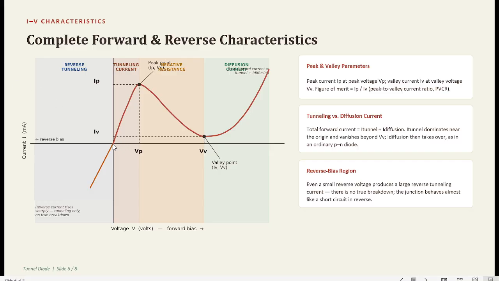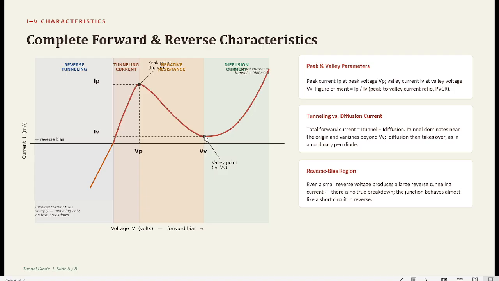Now from this 0 to VV value, diffusion current is very small, but the current is mostly because of the quantum mechanical tunneling. But after this value, the forward bias has increased to a sufficient level, and the whole current is now mainly due to the diffusion effect, and tunneling current is present, but that is very small compared to this diffusion current.